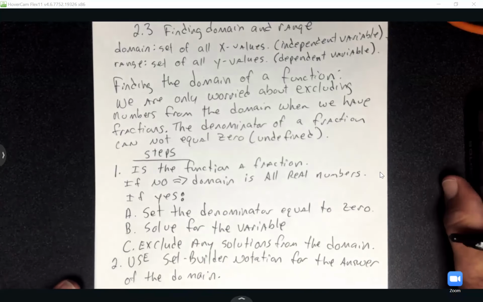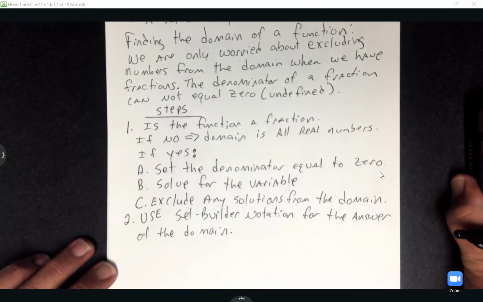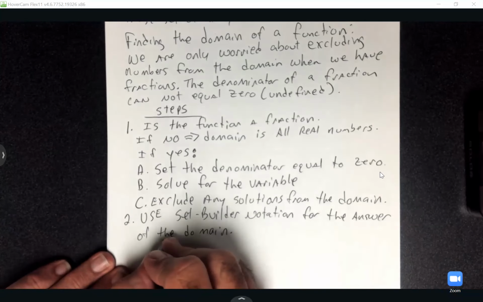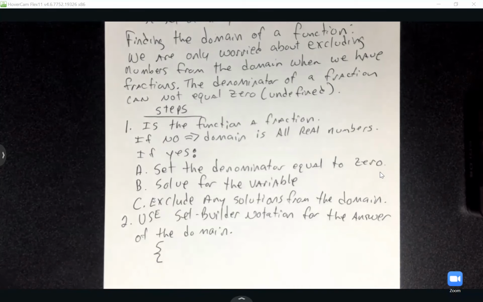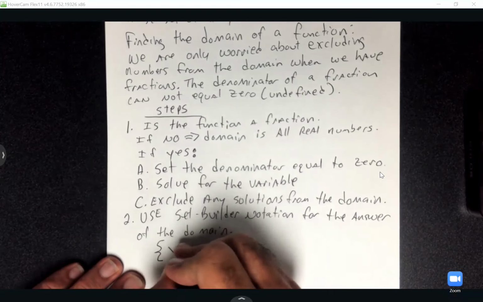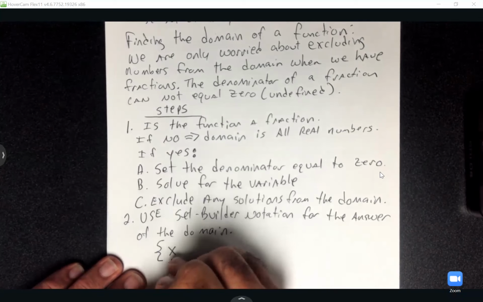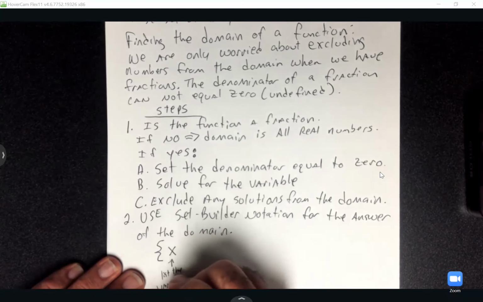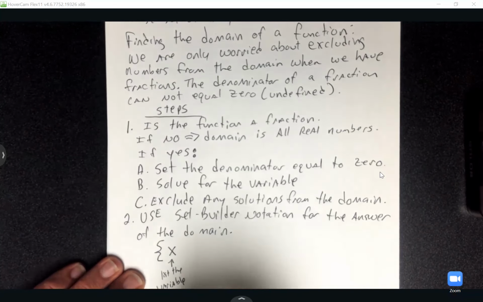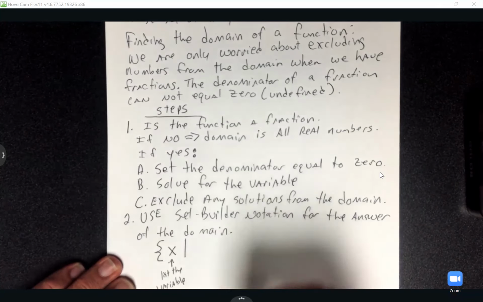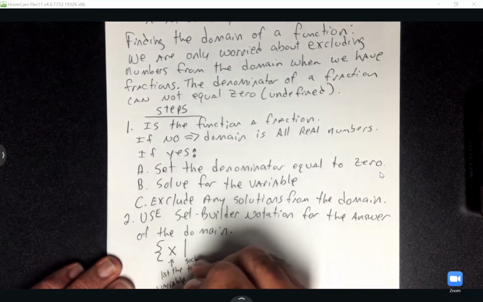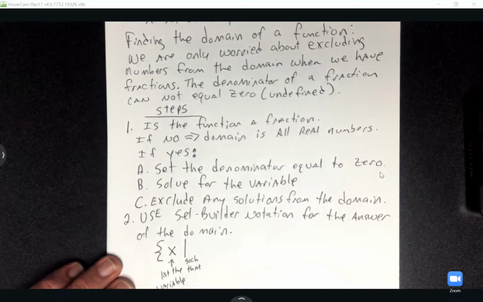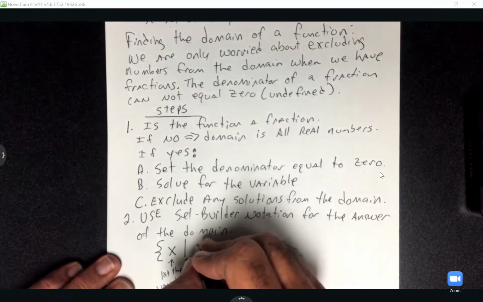All right, so I'm gonna pull my camera down just a little bit. So what we do, set builder notation, we have the set parentheses. We list the variable. Then it has the bar. The bar means such that. And then you tell the conditions.